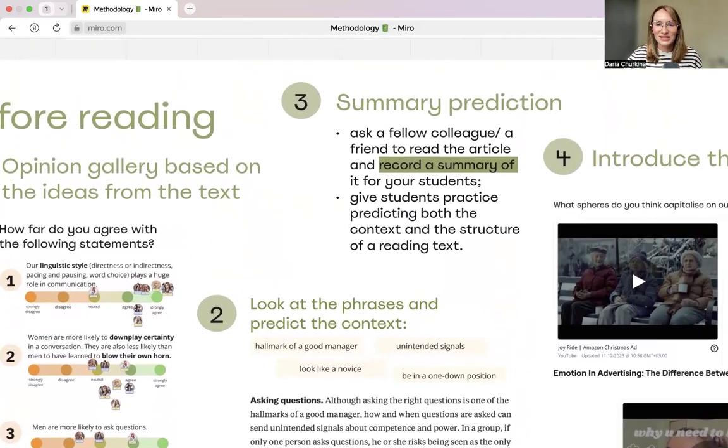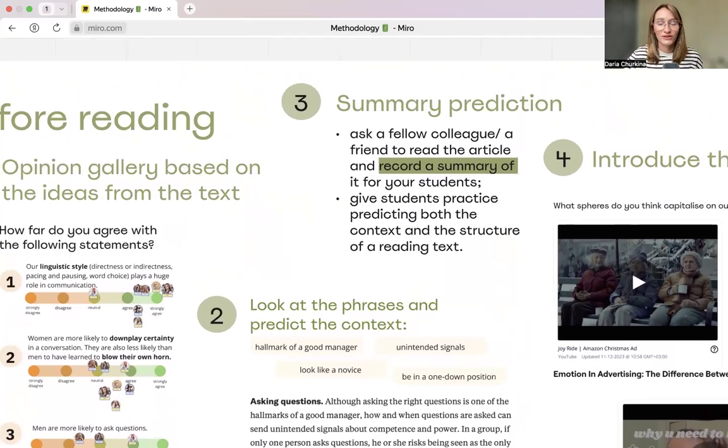Another task that I love is called summary prediction. So what you do for this task is you may ask a fellow colleague or a friend to read the article before the class and record a summary of this article for your students. Or alternatively, you may ask them to record what they think about the text.